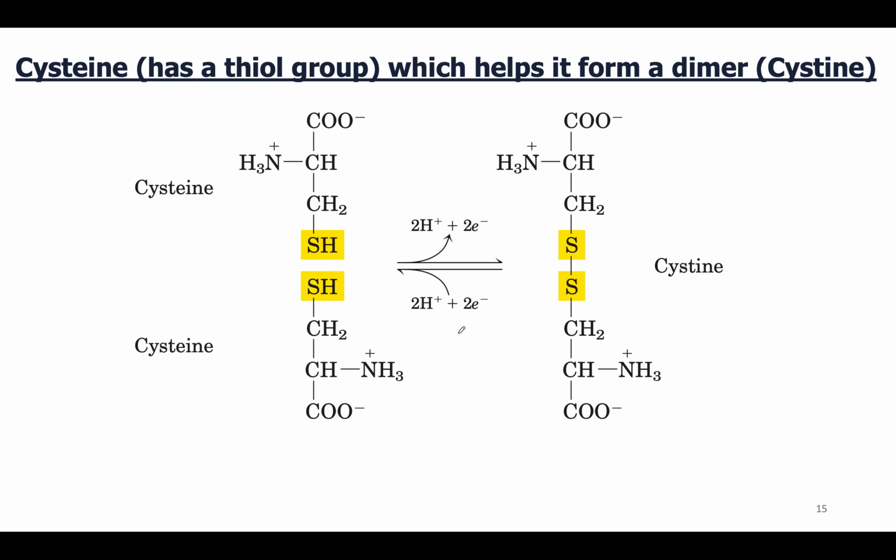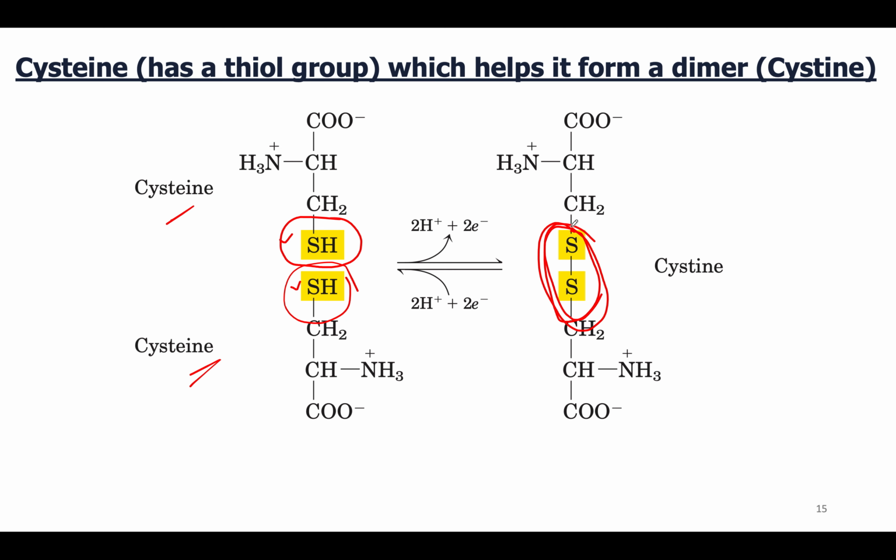What will happen is that if we have 2 cysteines close by, the thiol groups will react with each other. So they will form a link between each other, and they will form what is known as the disulfide bond.